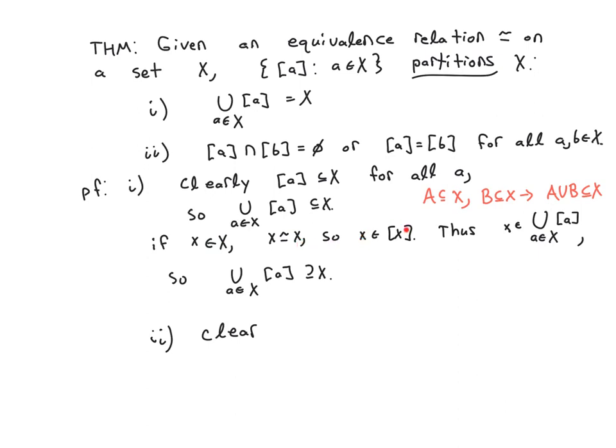So it is an element of its own equivalence class. Congratulations, that means it's an element in this union. So we have subset inclusion both directions, so we have equality. Therefore, the union of all the equivalence classes is the whole set, and we have this property.